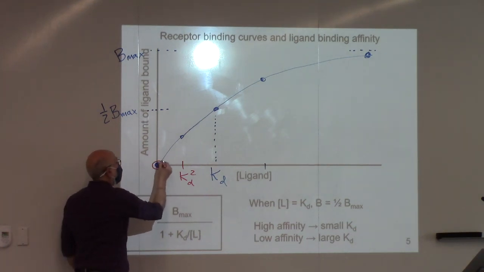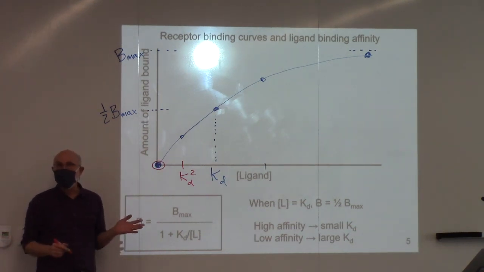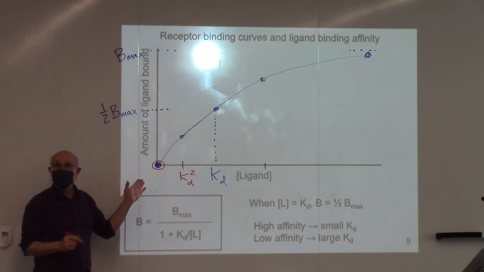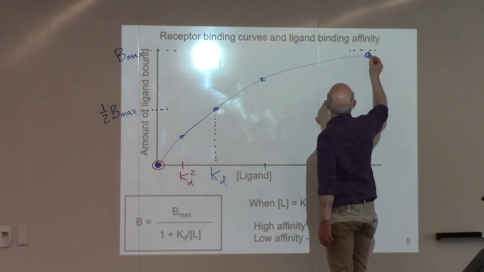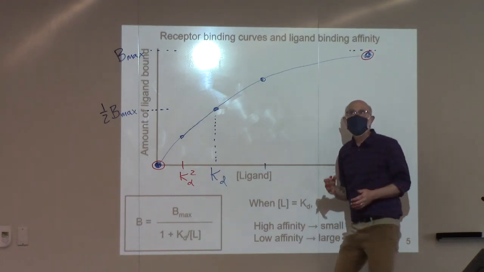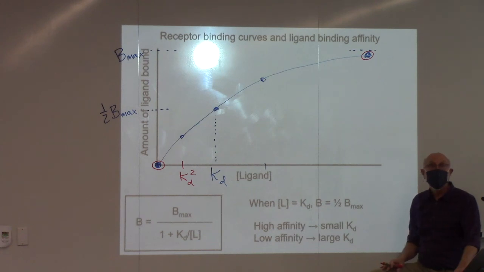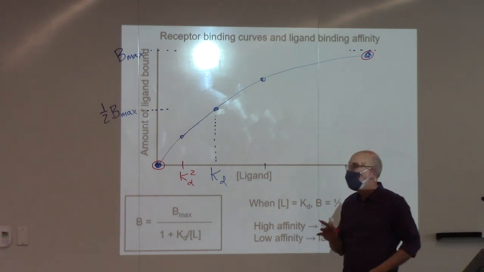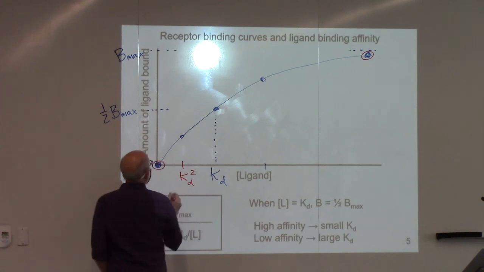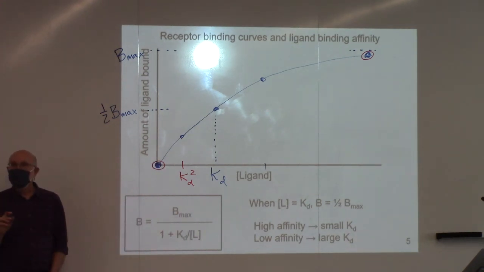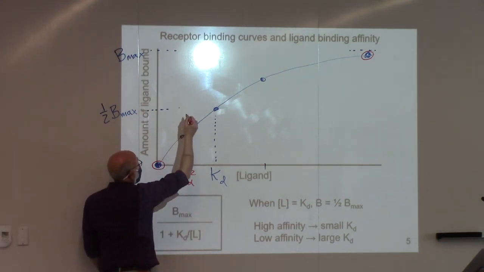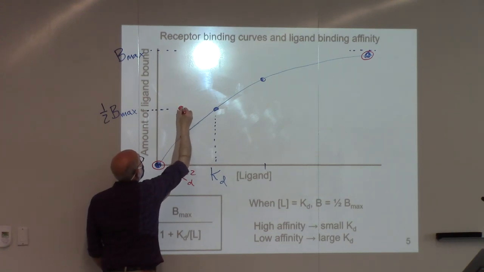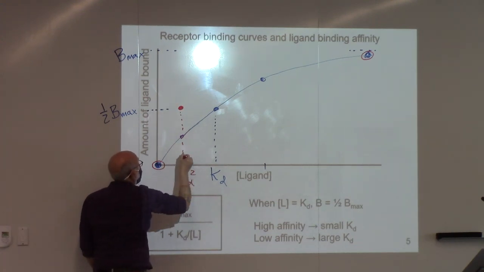You've got a point here, right? If there's no ligand, there's no ligand binding. We'll just say that the red receptor has the same Vmax, the same number of receptors. What is different, though, is that if this is the Kd, then it reaches half maximal binding here, not here.